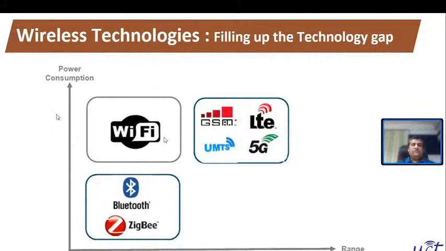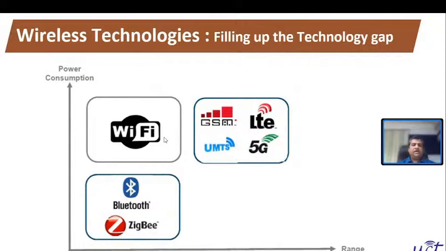When we are talking about IoT solutions and industrial applications, we have to be very careful about power consumption also, because power is a very critical resource, and sometimes for monitoring purposes we have to conserve power. So if we talk about less range and low power consumption, we can place Bluetooth and Zigbee in this place.